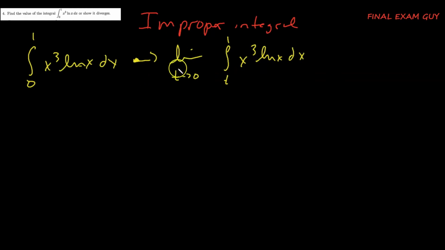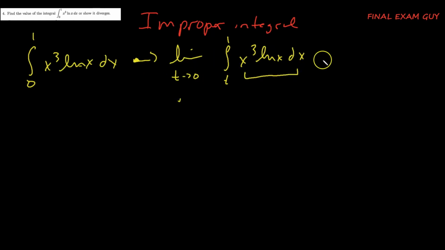So what I did here was replace the bound that's causing an issue with a t, put it to the other bound, and then we're taking the limit as t goes to 0. This doesn't mean that we still don't have to solve this integral. We have to actually determine what that integral is and then plug in our values.